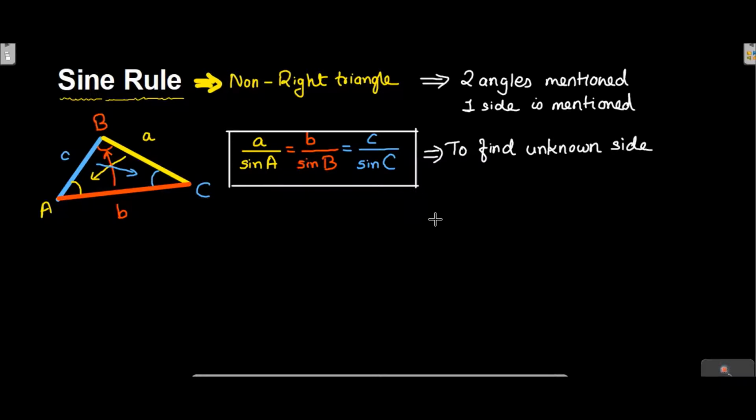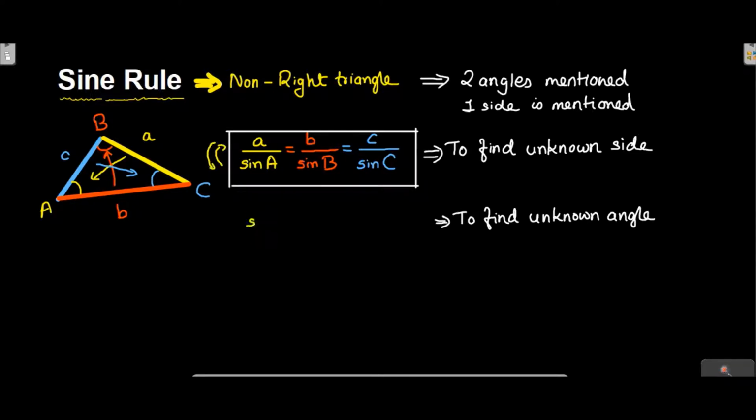If the question is asking you to find an unknown angle, the formula is different, but not very different. If you remember the first formula, the other is very easy to remember, because we are just going to change the places.